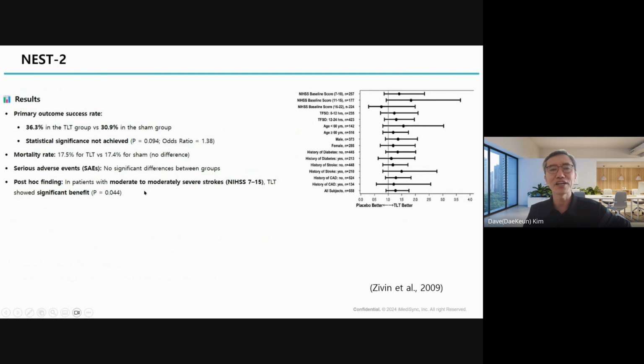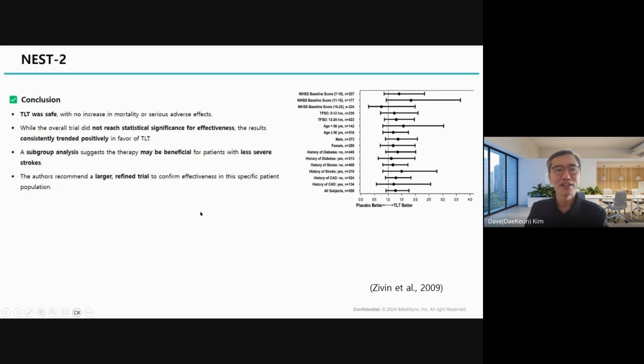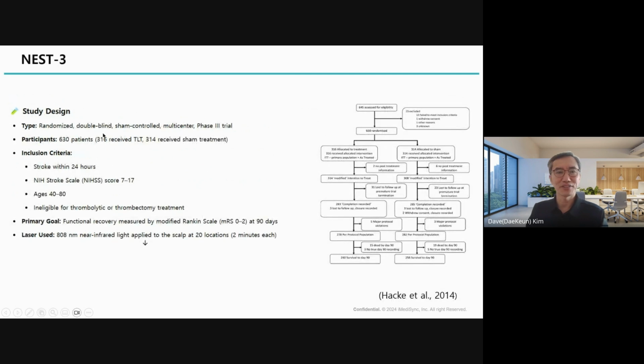That's why they needed to go through another clinical study using this moderate to moderately severe stroke population, to make a real significant difference in a large population. That's why they did another study for that stroke scale group, moderate and moderately severe.